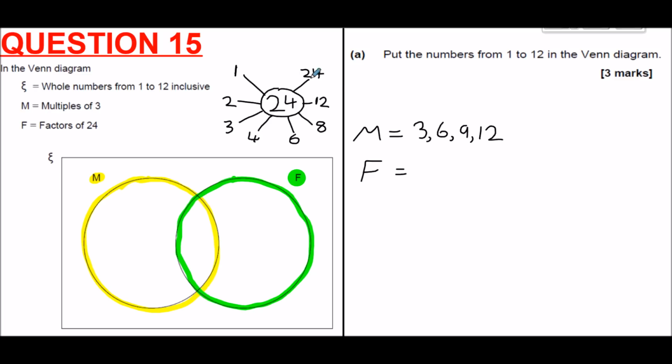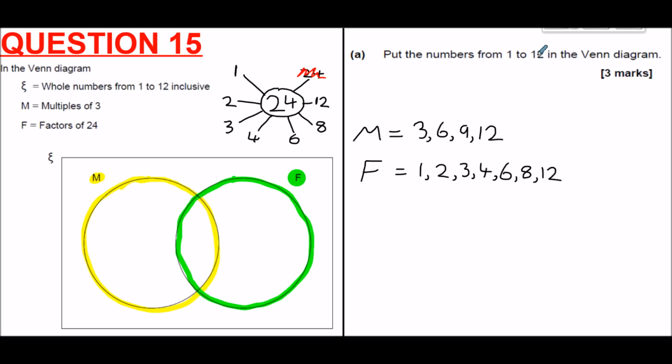And so we don't want 24 as such because we just want the numbers from 1 to 12, so I'll just scribble that one out. So factors of 24, which are between 1 and 12, are all these numbers here. So we've got 1, 2, 3, 4, 6, 8, and 12.